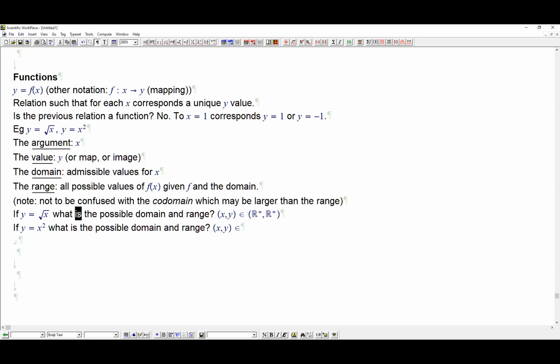Maybe I should use R because I'm talking about two things. The domain is all real numbers. Yes, and the range, sorry, not the codomain, the range: all positive real numbers. Yes.